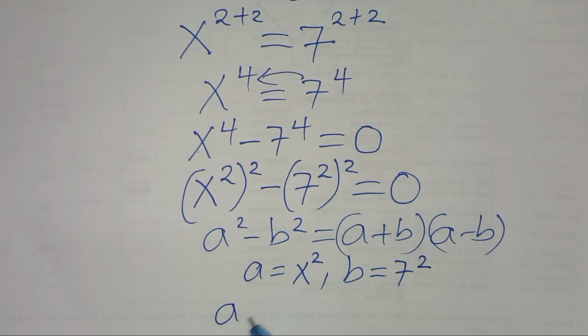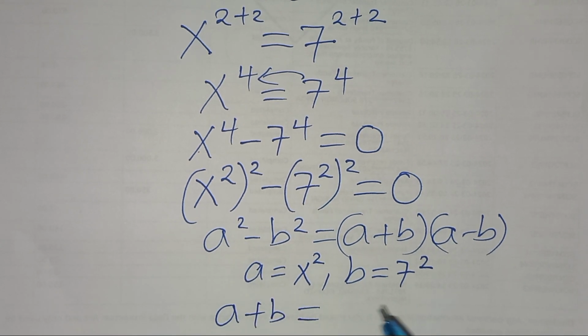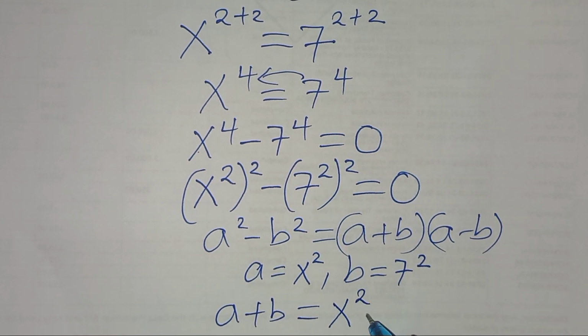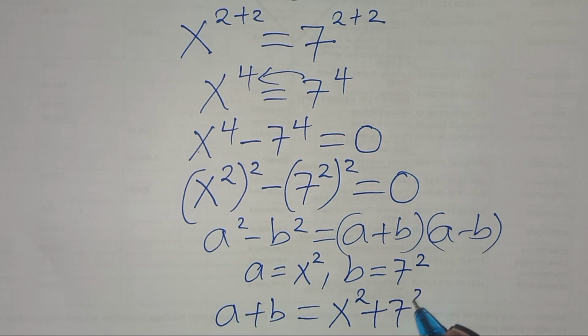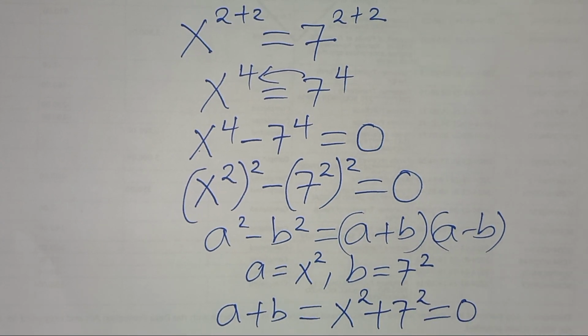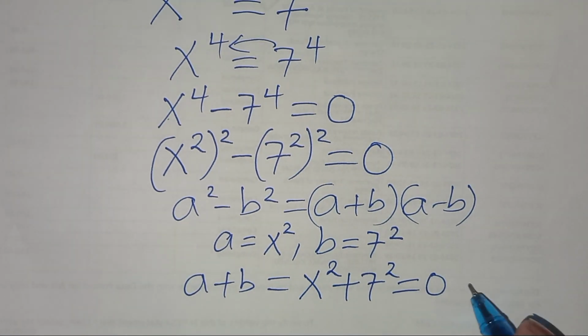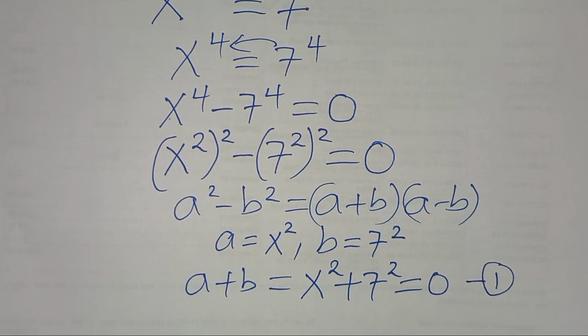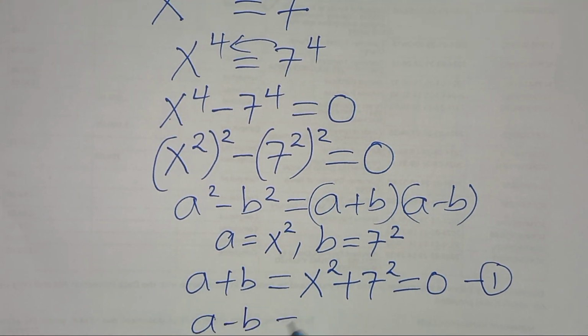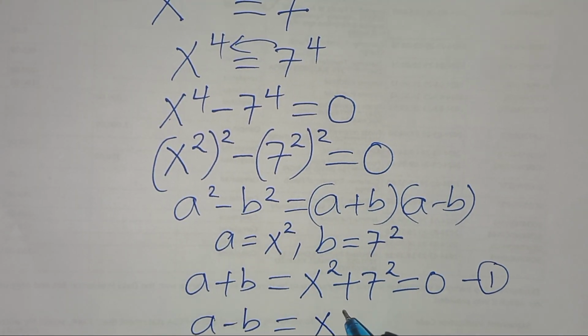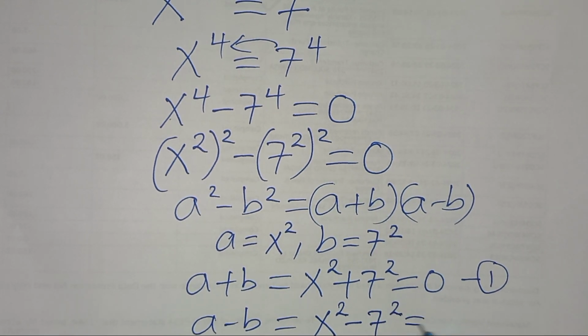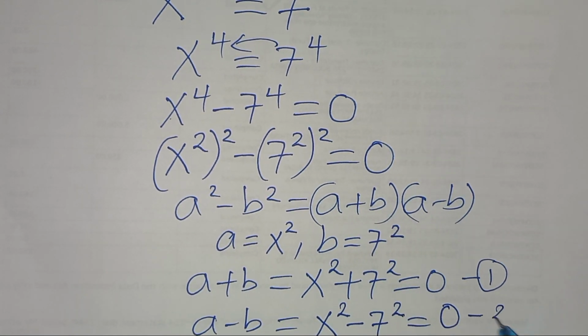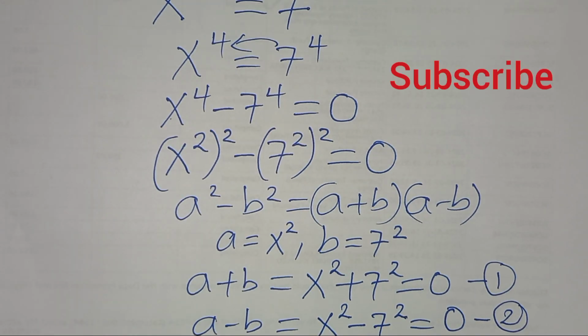So a plus b is x squared plus 7 squared equal to 0. Let's call this equation 1. And a minus b is x squared subtract 7 squared equal to 0. Let's call this equation 2. So let's solve equation 1 and 2.